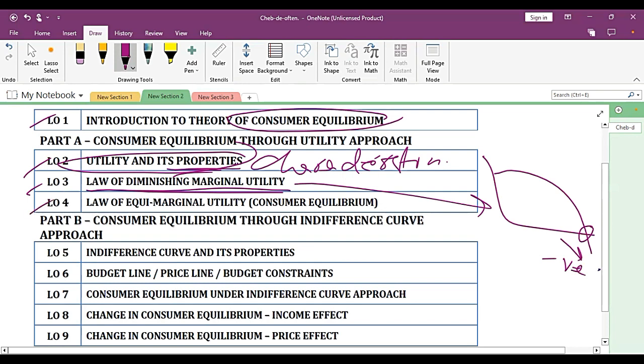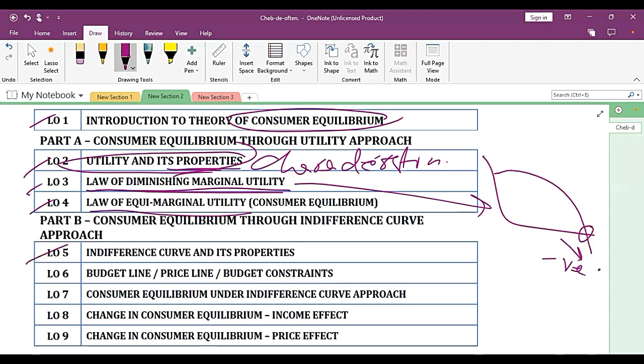Fourth will be the law of equi-marginal utility, where consumer satisfaction becomes the same whether using one product in place of another product. So we can say that both products give the same level of satisfaction to a consumer, so he will be indifferent to using any product in place of each other.